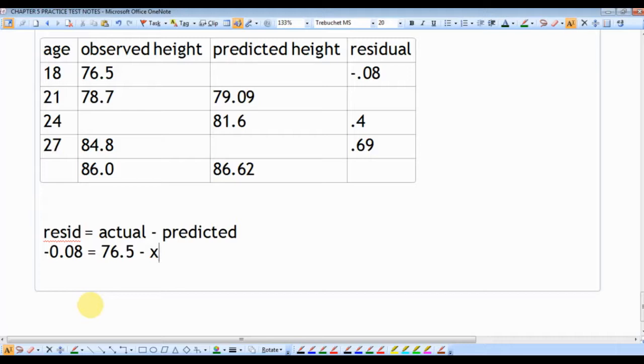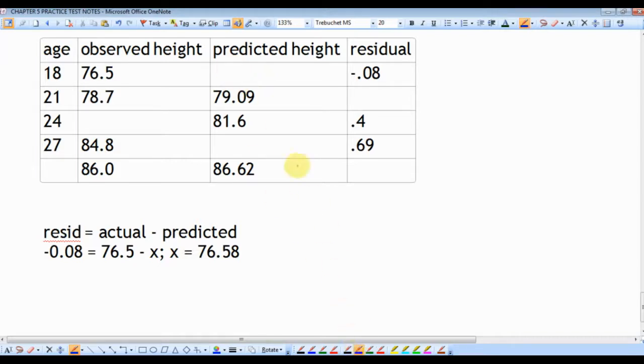And then if you add 76.5 to both sides, you get 76.58. The height is 76.58, so I'll just write it in there.